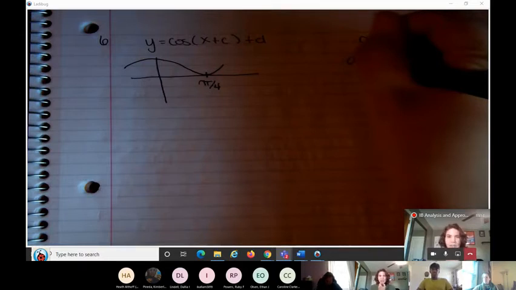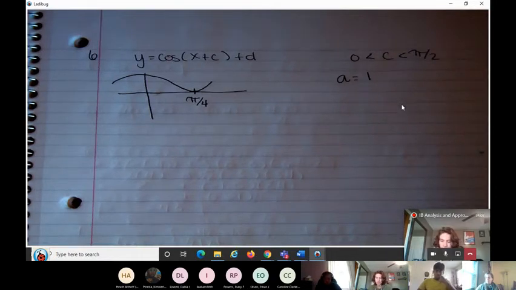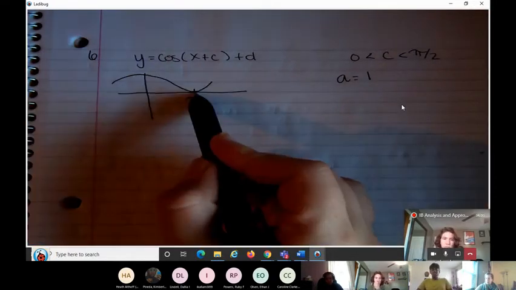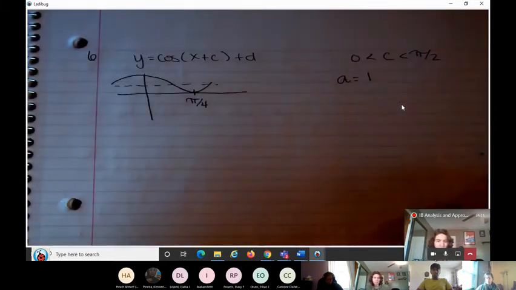We can be confident that our A value is 1 because they don't give us an A value to fill in, which means that since the minimum is on 0, our midline must be at 1.